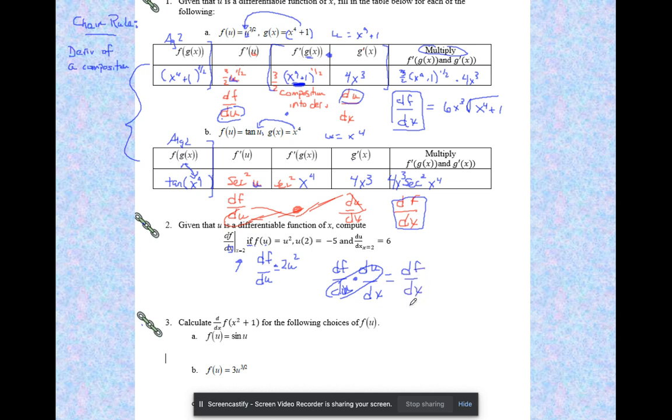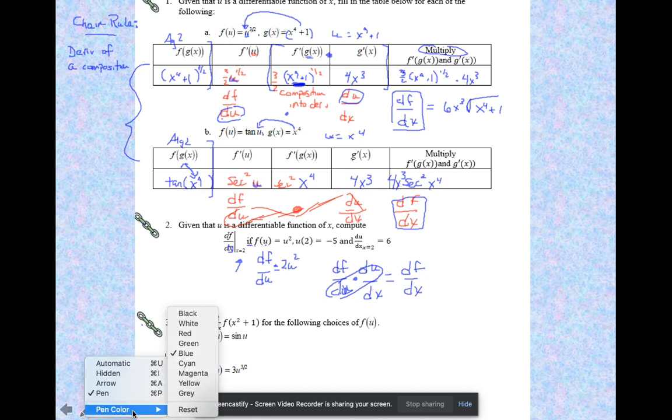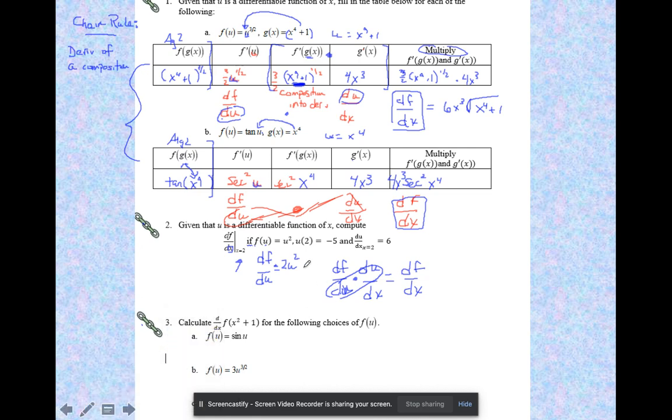Well, look at what they've told me. I know what df du is. Df du is 2u. I don't know what du dx is because they didn't give me the equation u is equal to x stuff, but look what they told me. Du dx at x equals 2 is 6.